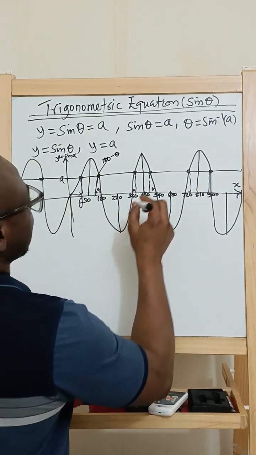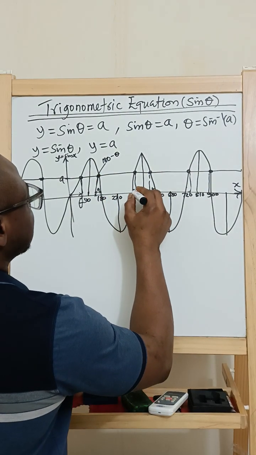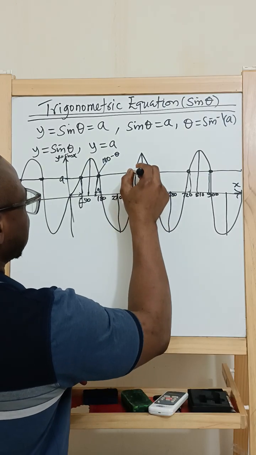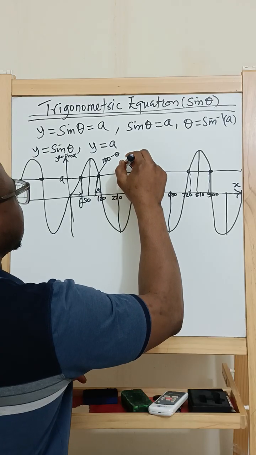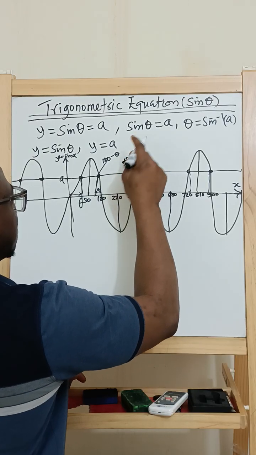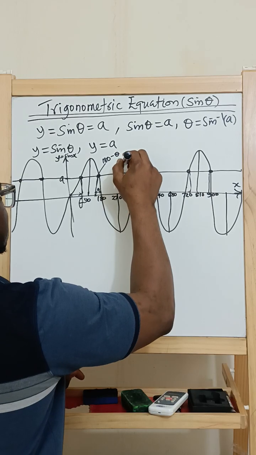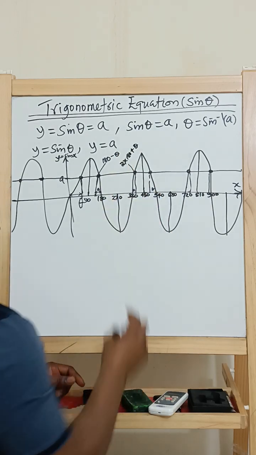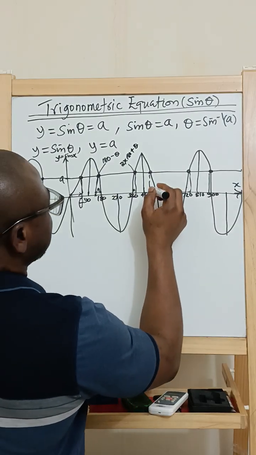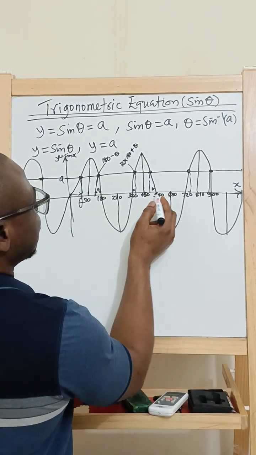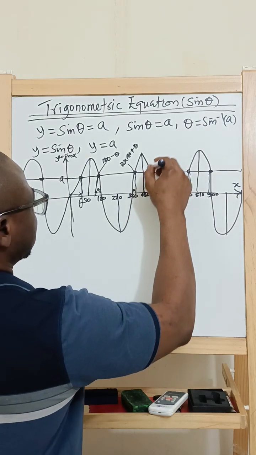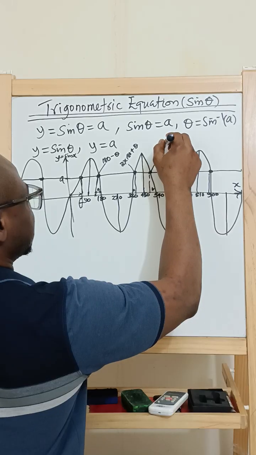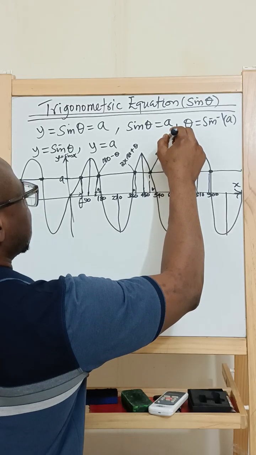Now this is 360 plus theta. To get this point, 360 is 2 times 180, so 2 times 180 plus theta. This is 540 minus theta, so 3 times 180 is 540, minus theta.